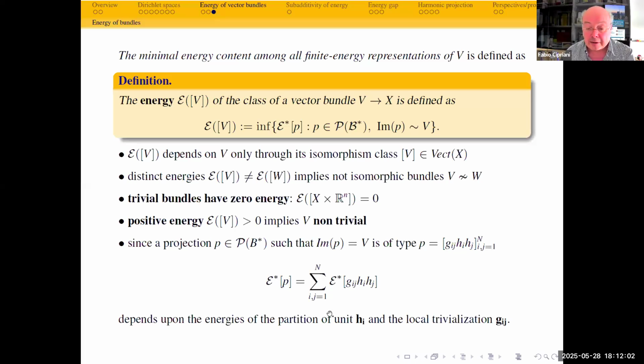To finish these slides, I want just to stress that this energy, this number, depends on the energy of these functions.